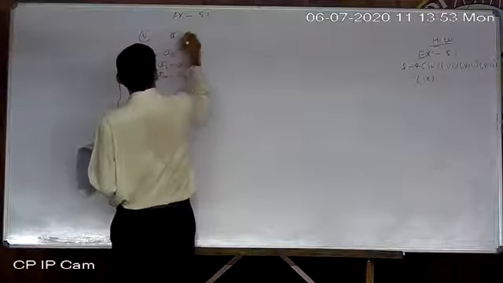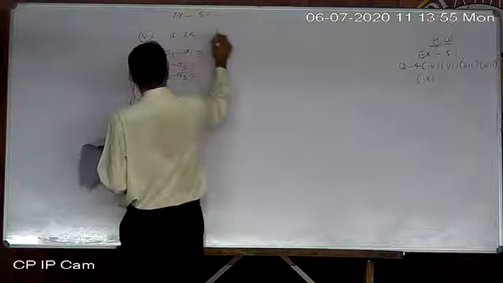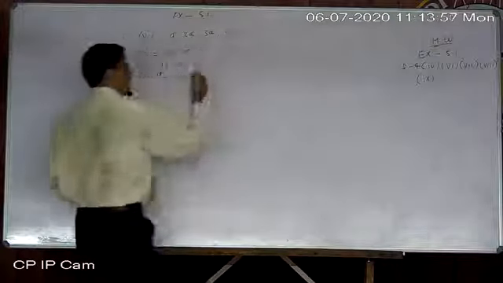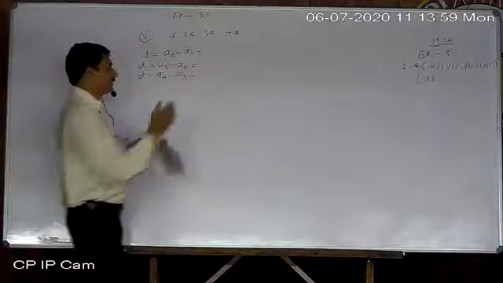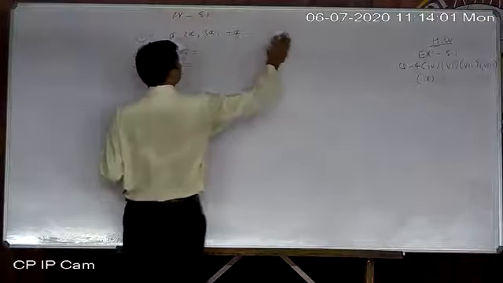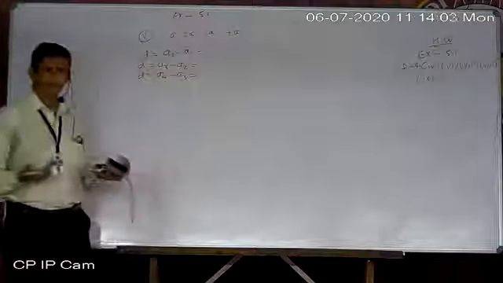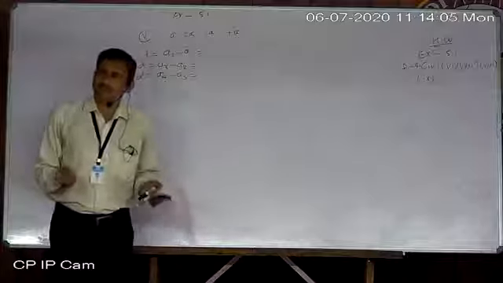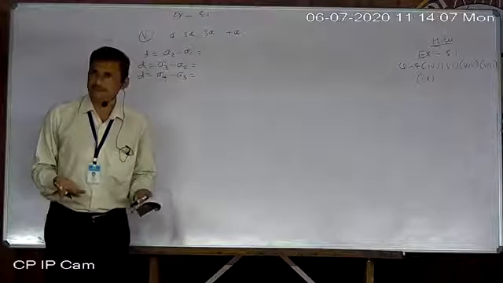A, 2A, 3A, 4A. Now most students get confused whenever they come across these types of unknowns. Actually, whether it is an unknown or a known number, you just find the difference.